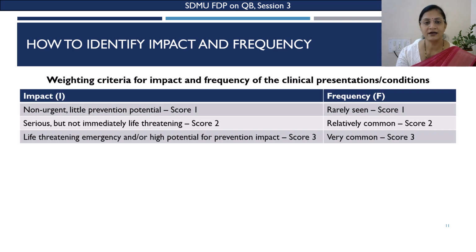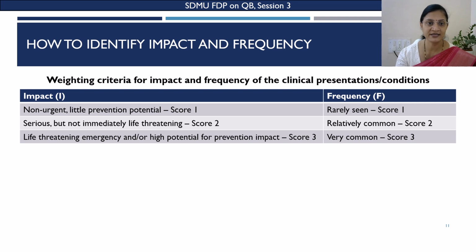Now, the criteria to understand the impact and frequency of a clinical presentation or condition. If your subjects deal mainly with clinical presentations, clinical conditions or scenarios, then we can go like this. For impact: if the condition is non-urgent with little prevention potential, give a score of 1.